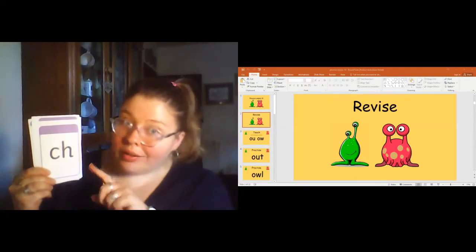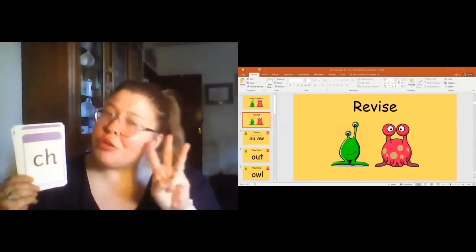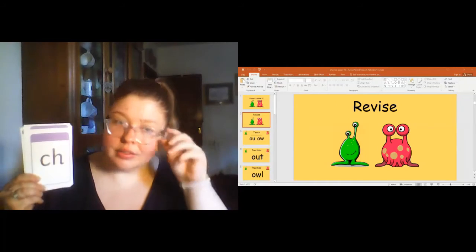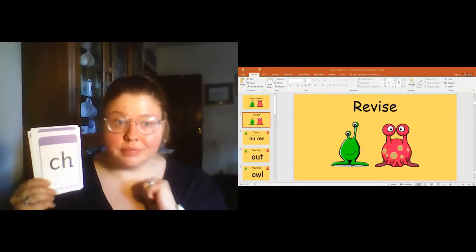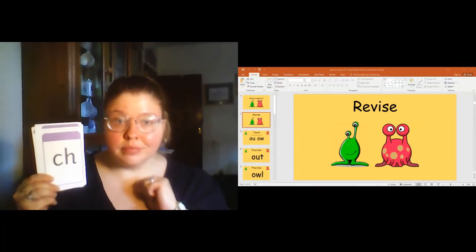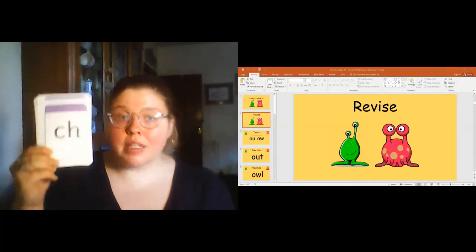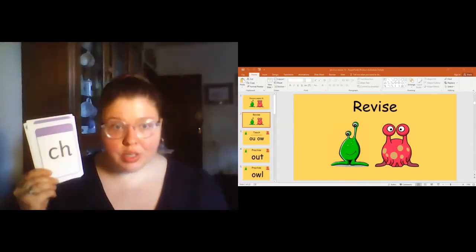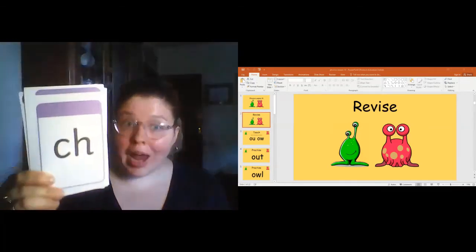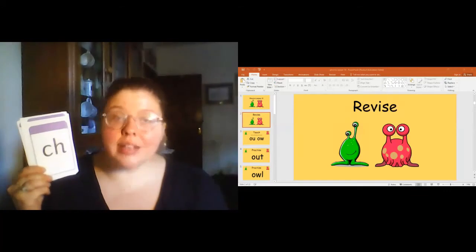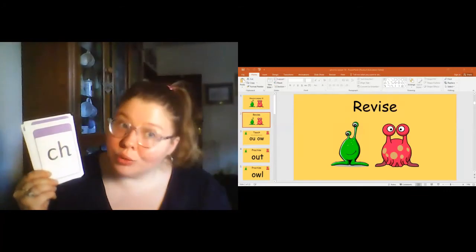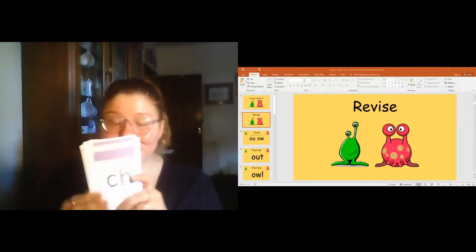Now this one, 3 sounds. Can you remember all 3? You're right, it makes ch as in choose, sh as in chef, and k as in school. Tricky, that one.